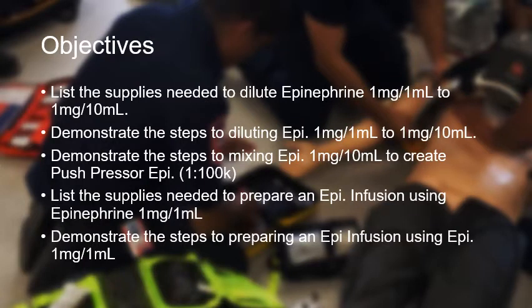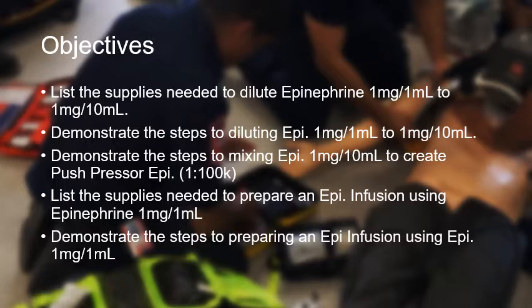After reviewing this training, you will be able to list the supplies needed to dilute epinephrine 1 milligram in 1 ml to 1 milligram in 10 mLs. You will also be able to demonstrate the steps to diluting epinephrine 1 milligram per 1 ml to 1 milligram per 10 mLs.